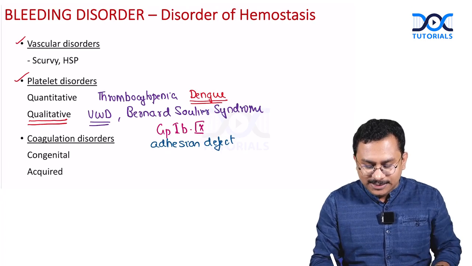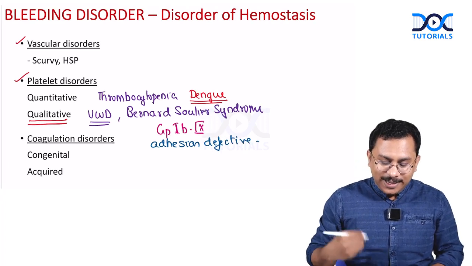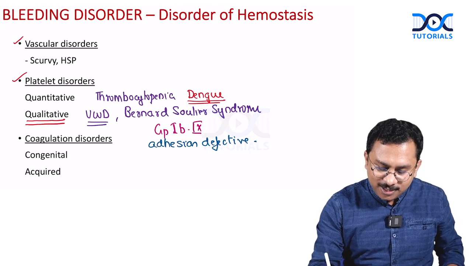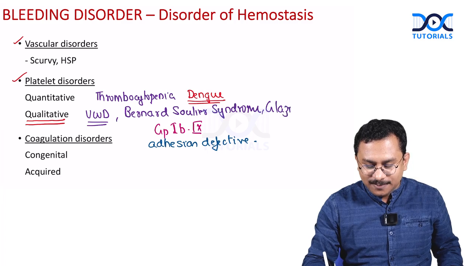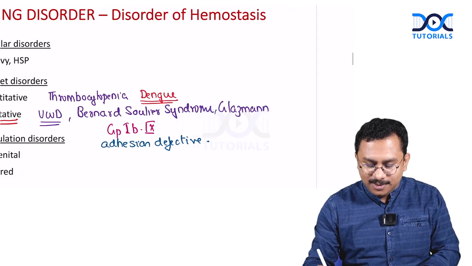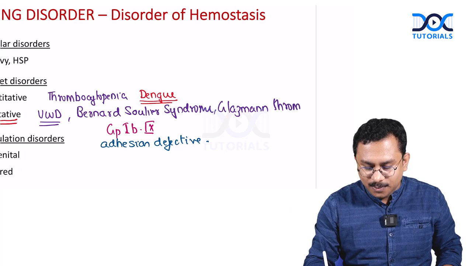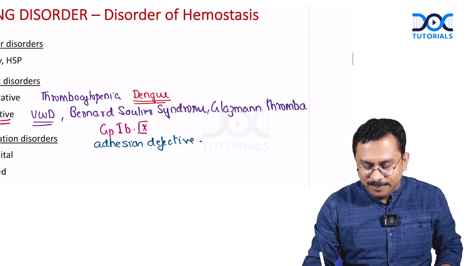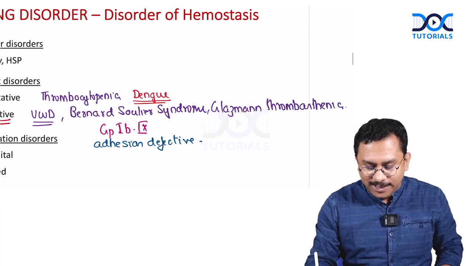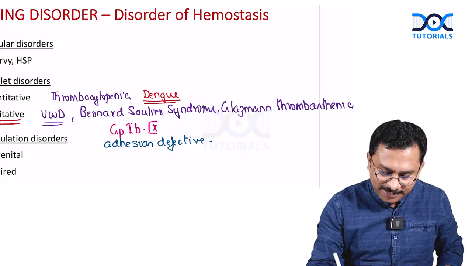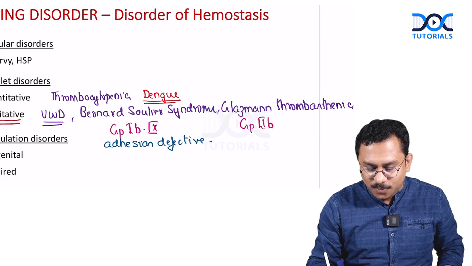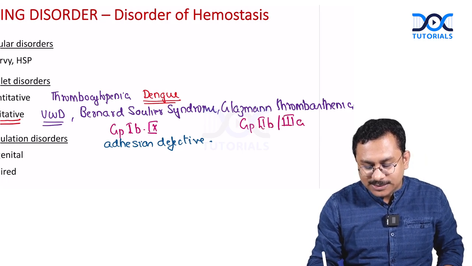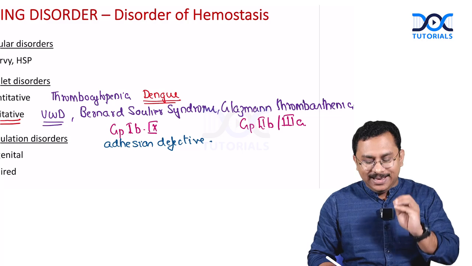Now another disorder where you get a qualitative dysfunction of the platelet is known as Glanzmann thrombasthenia. What happens in Glanzmann thrombasthenia is there is a defect involving the receptor glycoprotein 2B3A, which is important for platelet aggregation.